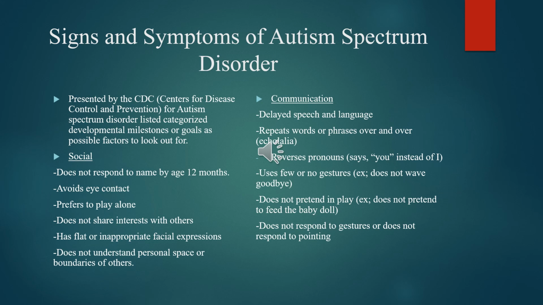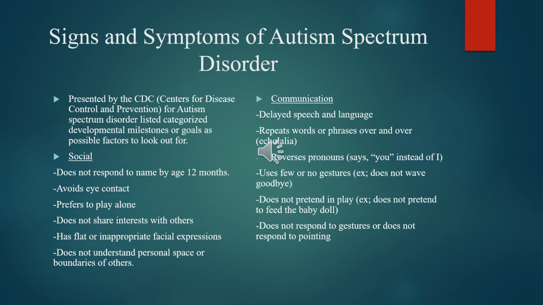Signs and symptoms of autism spectrum disorder. Signs and symptoms of autism spectrum disorder presented by the CDC, Centers for Disease Control and Prevention, characterize developmental milestones or goals as they relate to possible factors to look out for.